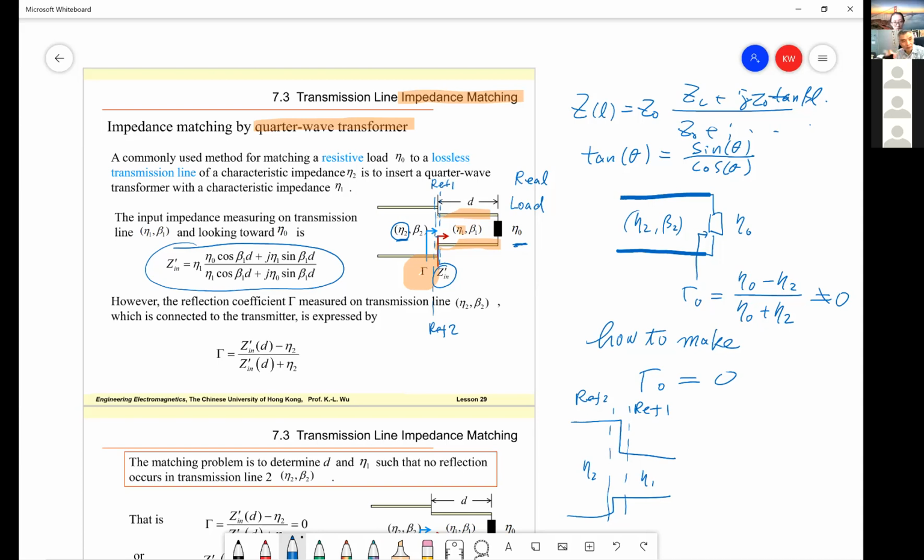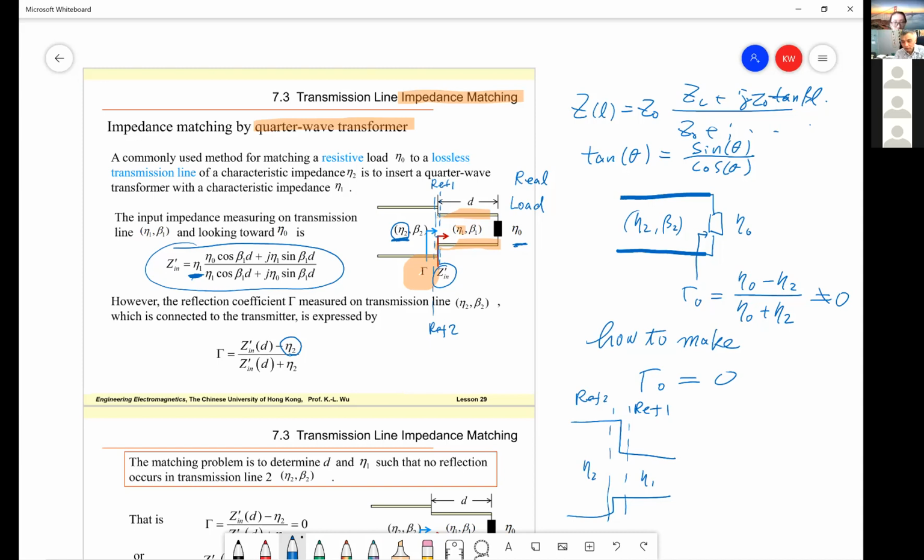If you stand in eta 1, you use eta 1 as the standard, right? The first time I calculate this, I use reference 1. I stand in transmission line eta 1, and I use eta 1 as my characteristic impedance. But when I measure the reflection coefficient standing in eta 2, I should use eta 2's characteristic impedance as my standard.